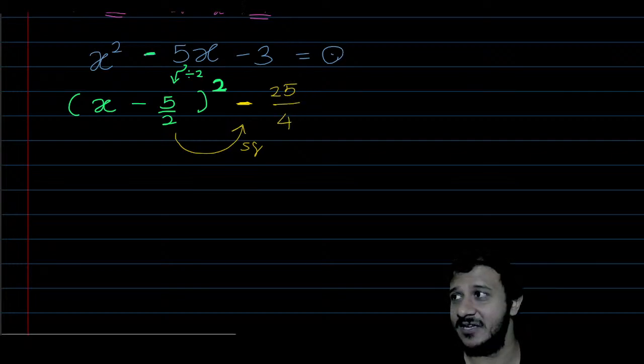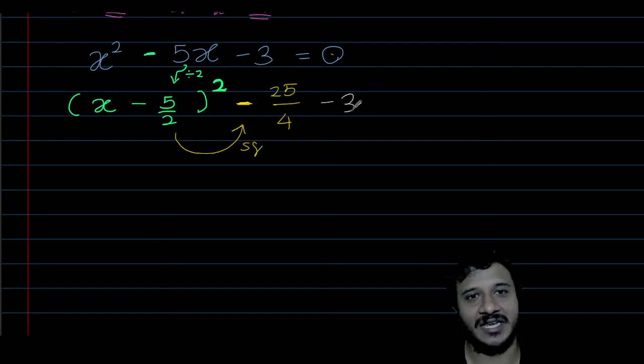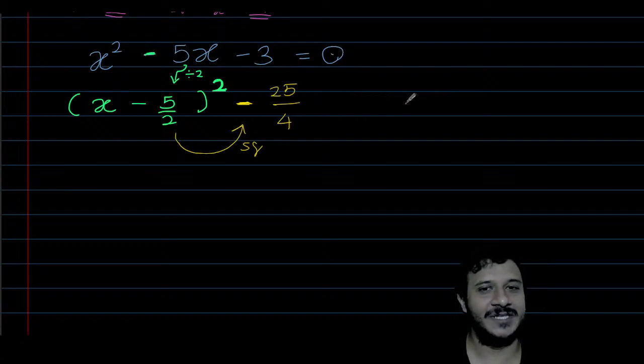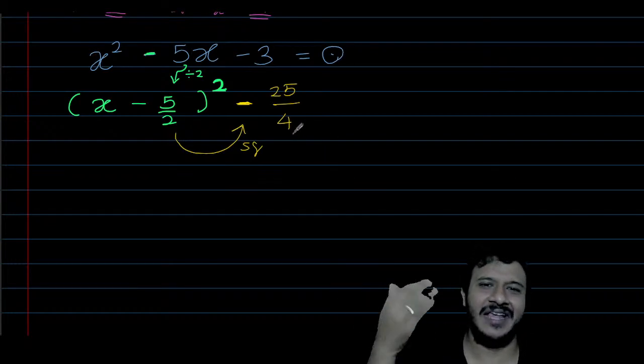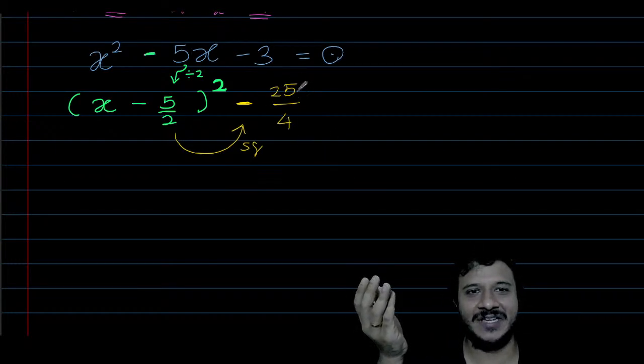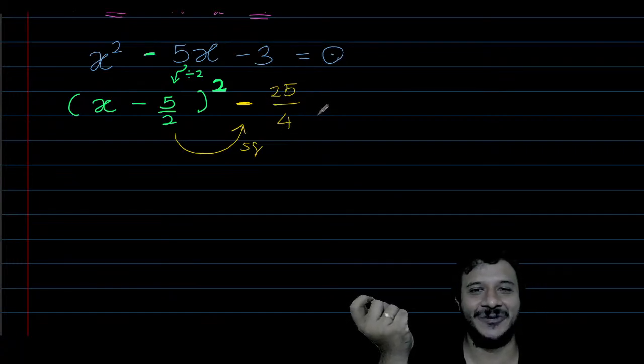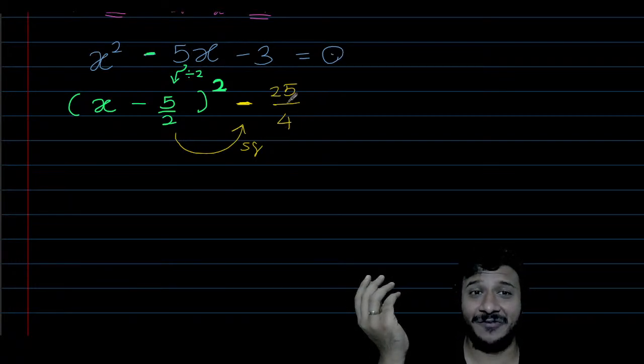Now, as I said, if you can remember, I told you all to write negative 3 equals 0 straight away. But let's be a little bit of a person who thinks forward. We definitely know that the next step will be simplifying this negative 25 over 4 and the negative 3 together. So write a negative 3, or just a whole number with a fraction.